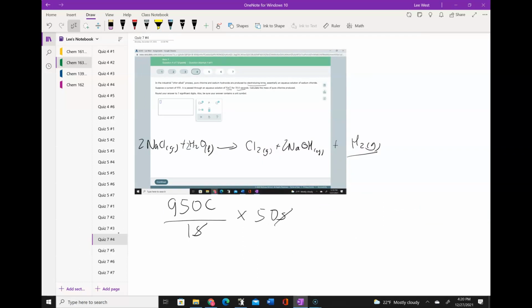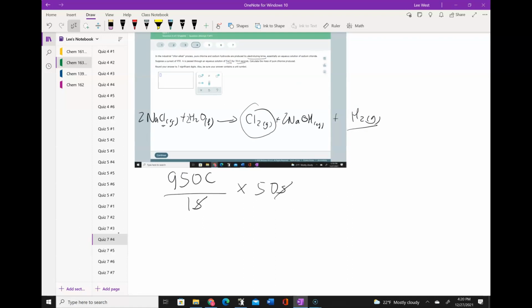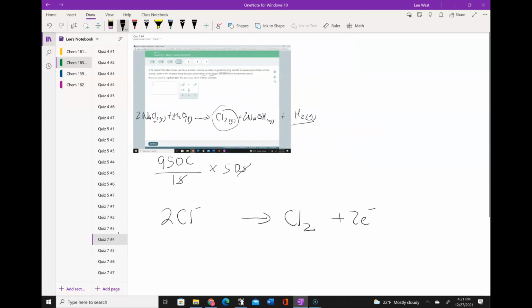Okay. So what I think is important here is to think about what we've got to do to get the chlorine, right? So the chlorine is coming from the sodium chloride, and what we see is we have 2 chloride ions get oxidized to produce 1 Cl2, right? That's what's happening with the chlorine.